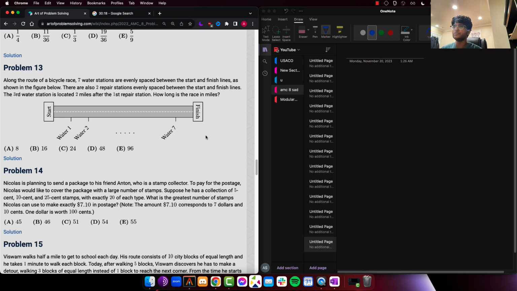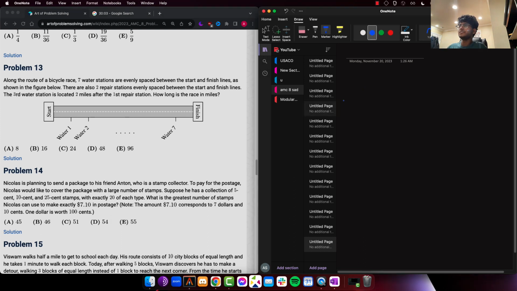Along the route of the bicycle race, 7 water stations are evenly spaced between the start and finish lines as shown in the figure below. There are 2 repair stations. Third water station. Okay, we're calling each of these x. So 8x is the entire thing, right?